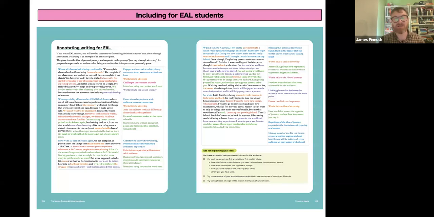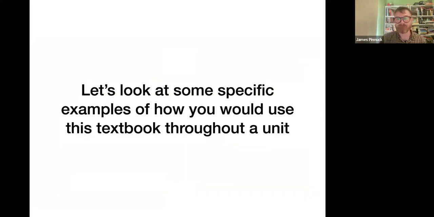So this is actually way more helpful if you have EAL students, because it shows exactly what they need to do.